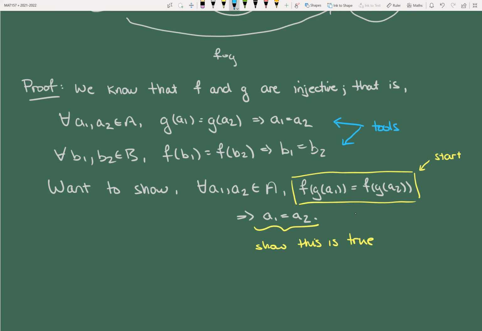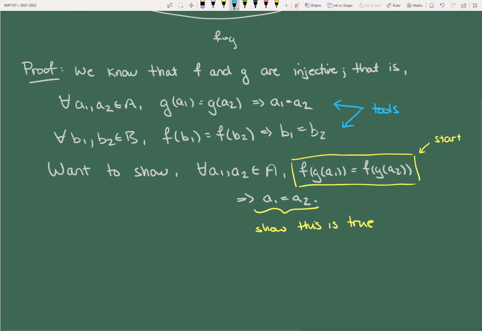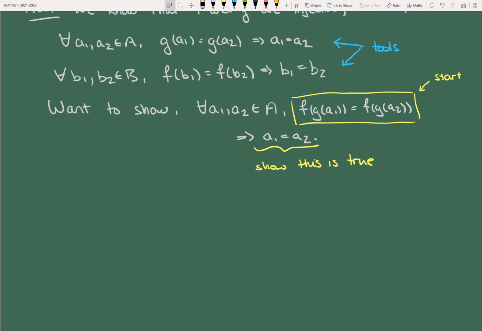This setup doesn't take a terribly long amount of time, but it is really useful, because now you have the tools in front of you, you know what you're trying to do, you know where you need to start, you know where you need to finish, and you know exactly what you can use, right? With these sorts of problems, having this setup is usually really good. So, okay, we are going to start by saying: assume that F of G of A1 is equal to F of G of A2, right?